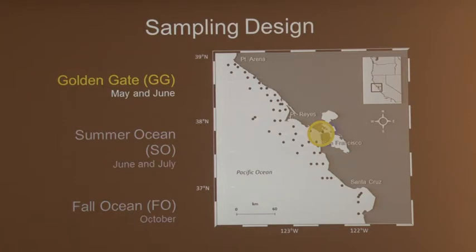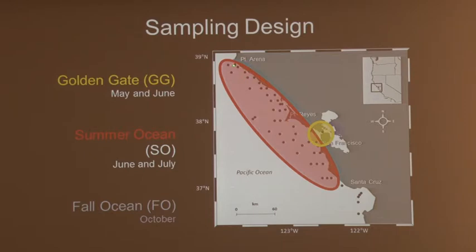So in the springtime, they sample in San Francisco Bay, just inside the Golden Gate. And then in the summertime, they trawl using NOAA vessels or charter vessels in this area where the young salmon are thought to reside before they eventually move north and south. And they repeat that ocean sampling again in the fall.